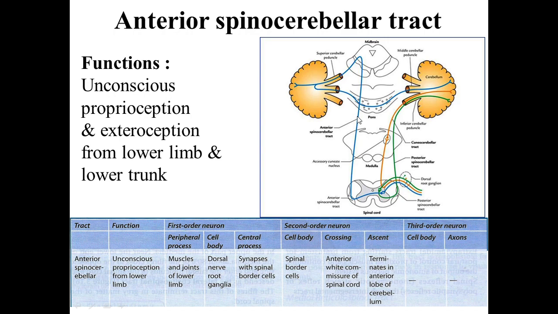So the fibers of the anterior spinocerebellar tract go to the anterior lobe of the cerebellum via the superior cerebellar peduncle. So this tract conveys unconscious proprioception and exteroception from the lower limb and lower trunk.